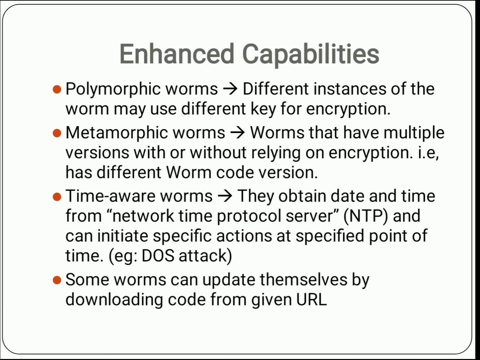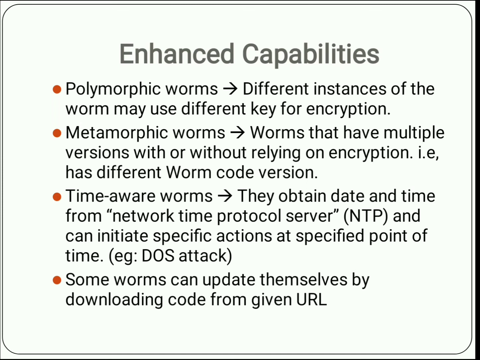So the first one is the polymorphic worm. Already we have discussed the polymorphic virus, so you will know what a polymorphic worm is. A worm which changes its phase each time is a polymorphic worm.